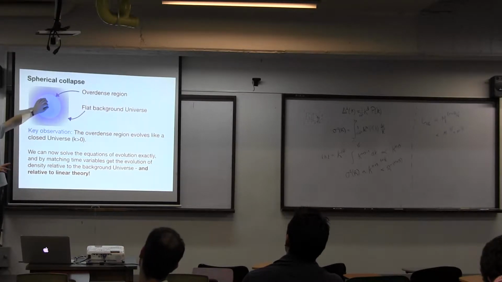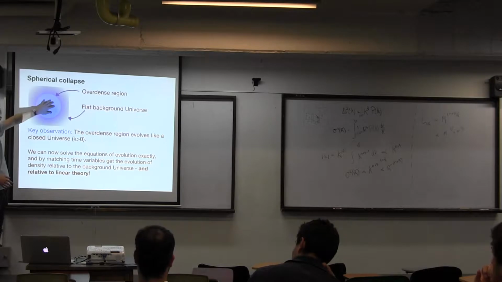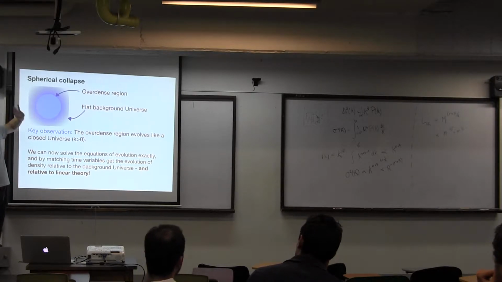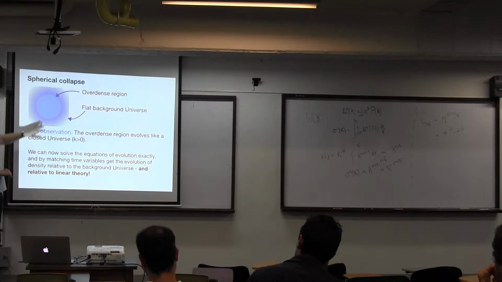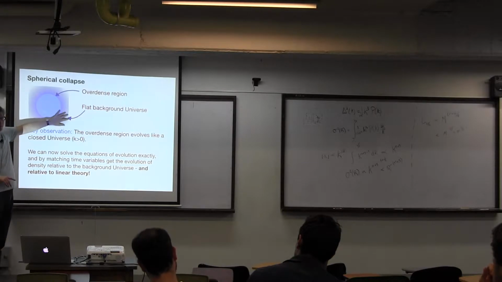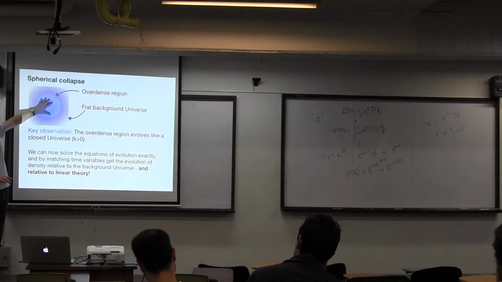Now the nice thing about this is that from Birkhoff's theorem, which is the equivalent of the Newtonian theorem about shells, this spherical thing doesn't care about the surrounding universe. It only cares about itself. It's ignorant of the surroundings. So this will evolve as a separate universe from the surroundings, as long as this doesn't dominate the mass.